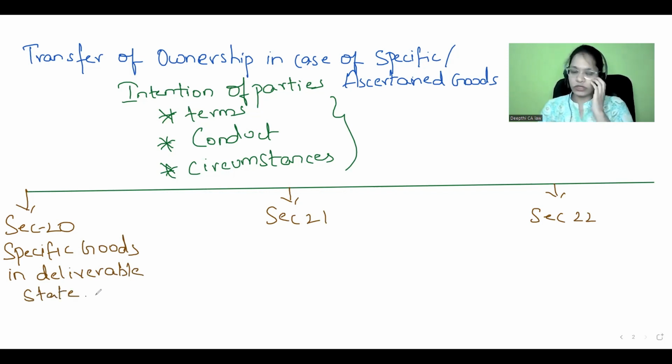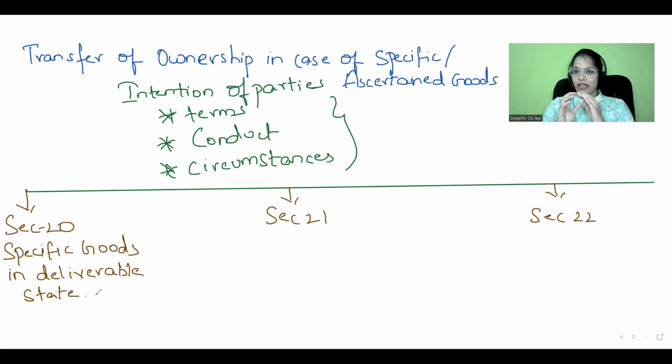First of all, you need to understand that a specific good is nothing but a good which is in existence at the time of the contract of sale. Am I correct? For example, you want to purchase a Parle-G biscuit packet from a shopkeeper, and you can see that the Parle-G biscuit packet is present on that cupboard. So that good is present when you want to enter into a contract with the shopkeeper. That is a specific good.